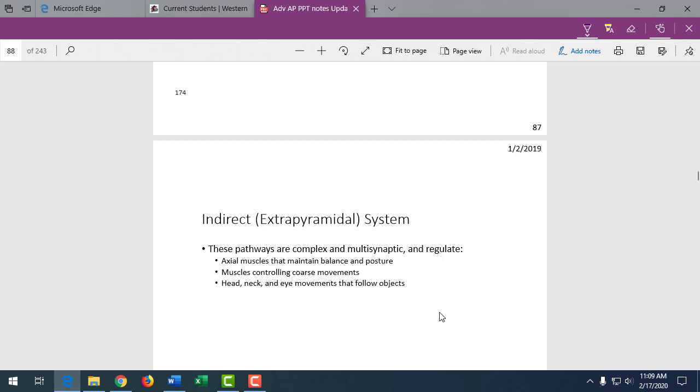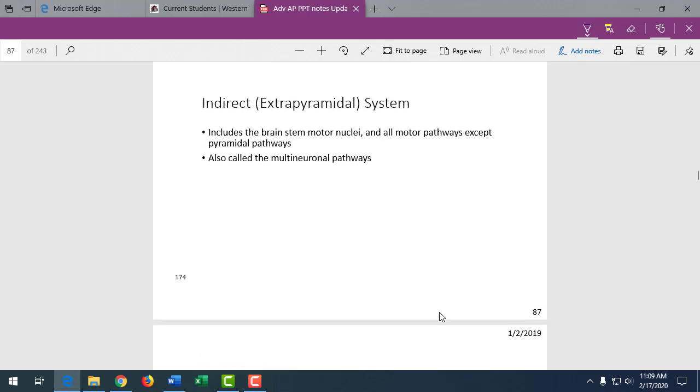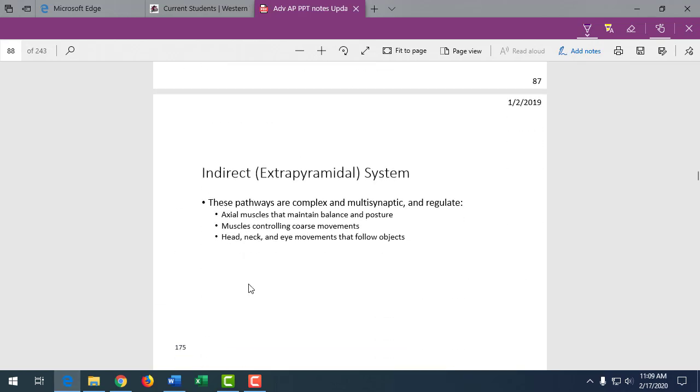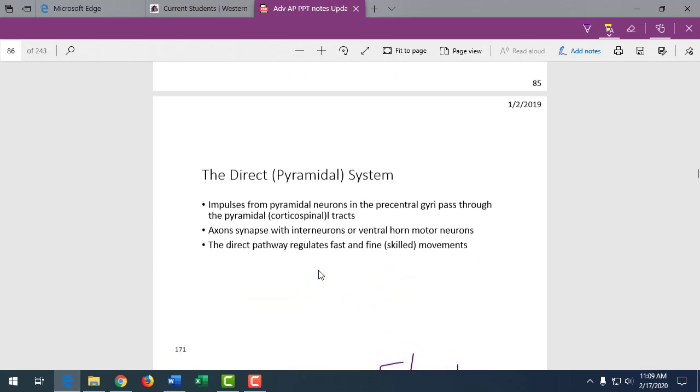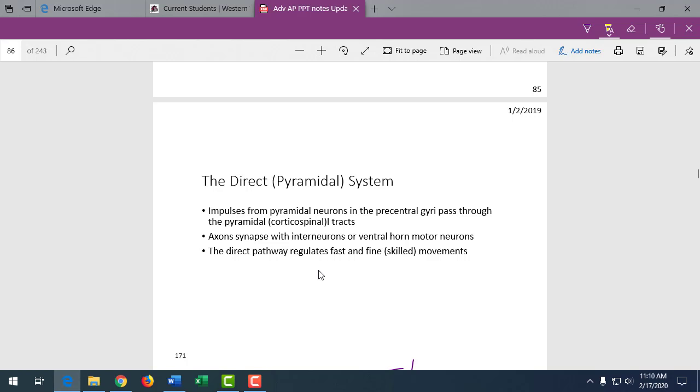So we have direct and indirect pathways. The indirect is about balance and posture, coarse movements, head, neck, and eye movements. But I'm not going to hold you accountable for the different types of pathways.